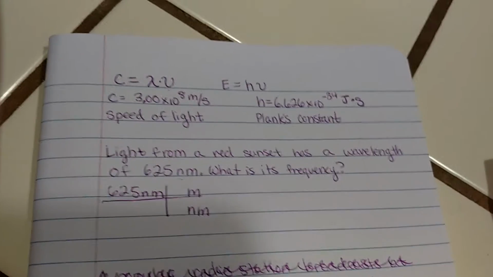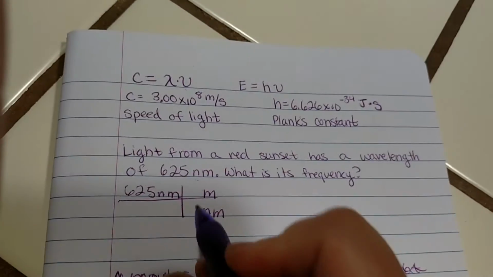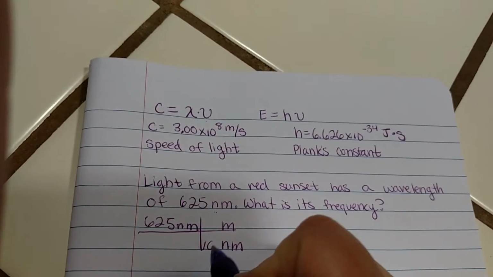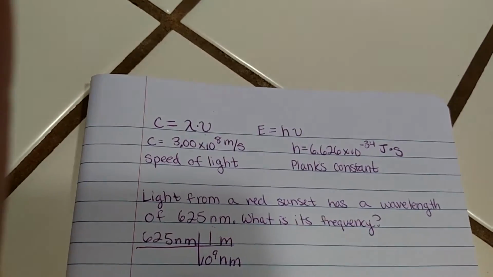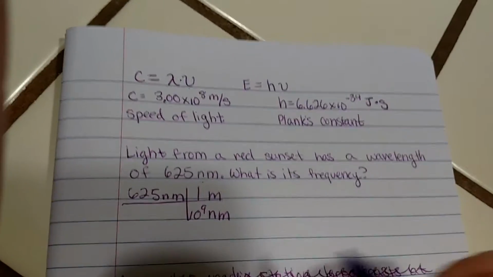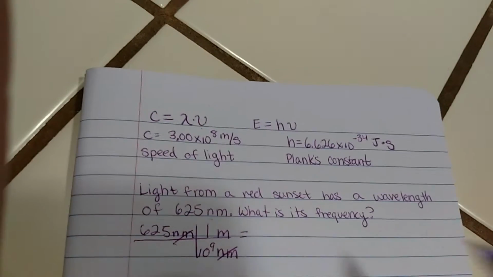I had to look this one up. It's been a long time since I've converted nanometers. There are 10 to the 9th nanometers in 1 meter. So our first step is to get rid of these nanometers and have it in meters to use our equation.